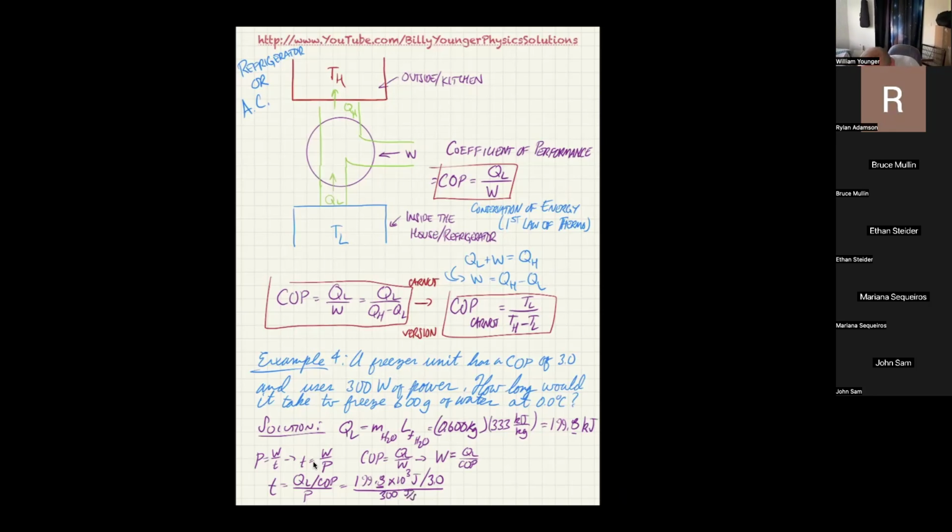So I'm going to do 199.8 divided by parentheses 3 times 300, close parentheses. That gives me 0.222 seconds is what that comes out to be.